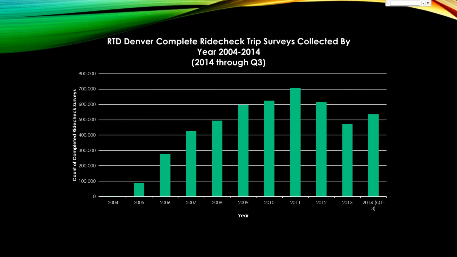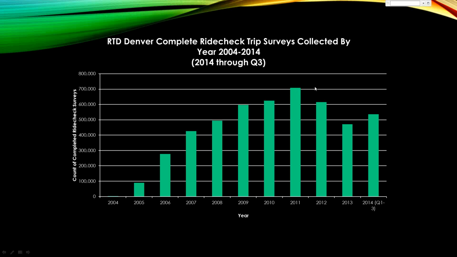Over the years, what we found is that in collecting data with APCs, we get a lot more ride checks than we ever could have by using just manual systems. Back in 2004, we were only able to collect a few thousand ride checks per year. And over the years, that number has increased dramatically as we've added more vehicles with APCs on them, all the way until we get to 2012.